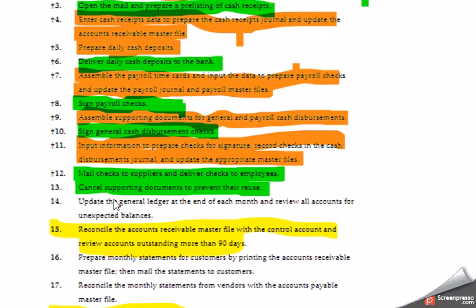Okay, then 14, update the general ledger at the end of the month and review all the accounts for any unexpected balance. And again, I feel like that one wouldn't be as important. I think that we've got to make them equal, I guess, is what I'm thinking.